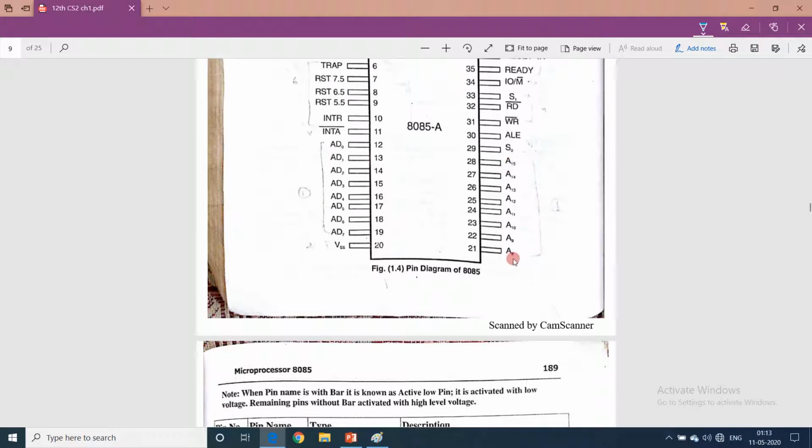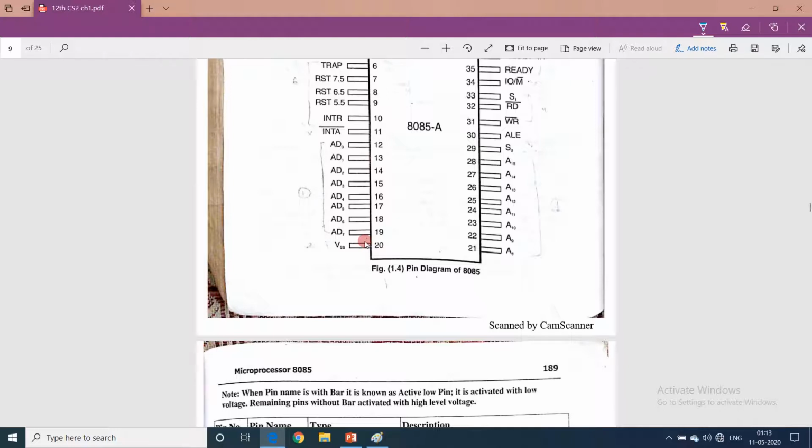If we count from A8 to A15, there are total 8 pins for address, but the address bus is of 16 bits. Then where are the other 8 bits? If you see, the data bus is of 8 bits, D0 to D7, so total 8 bit data bus, and the remaining 8 addresses are multiplexed with these pins. So there are 8 pins which are multiplexed, address and data bus.